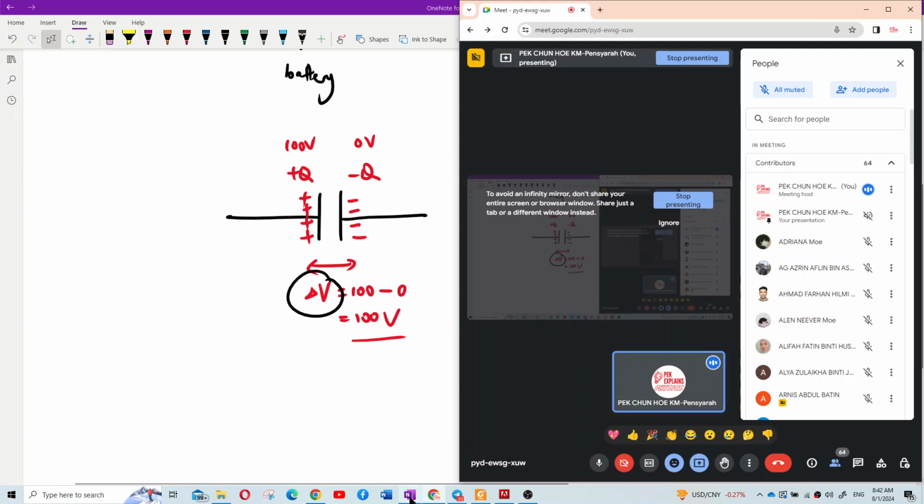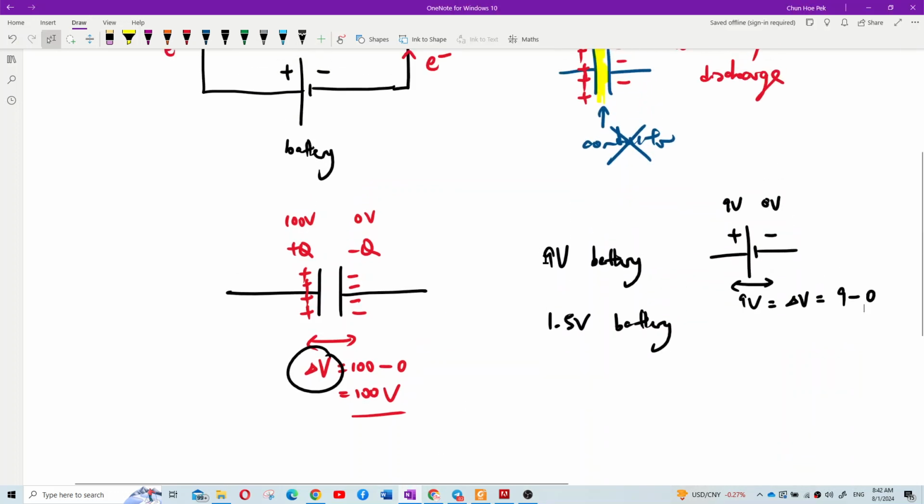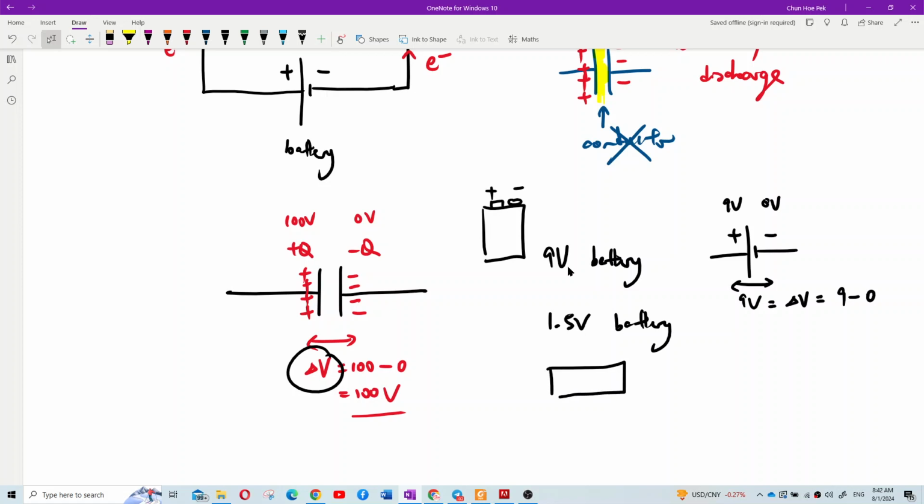At least you know your 9 volt battery, the big one. The round one is negative, the other is positive. For the 1.5 volt battery, this one is positive, this one is negative.